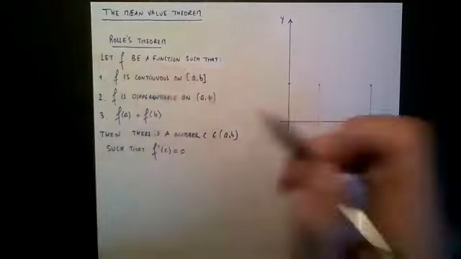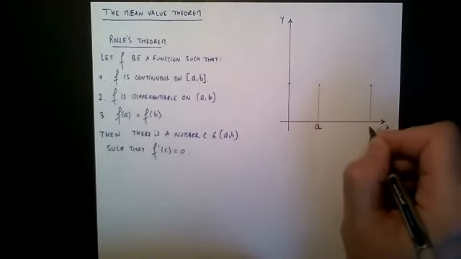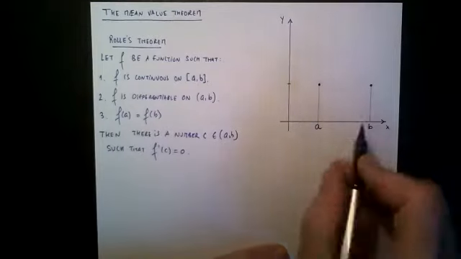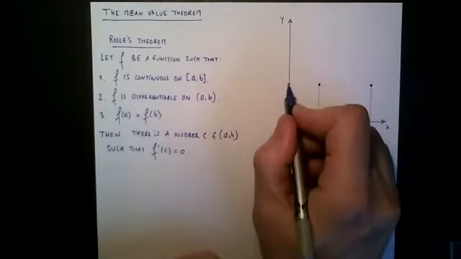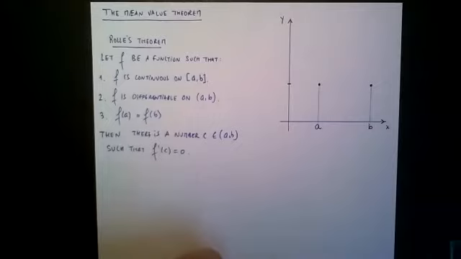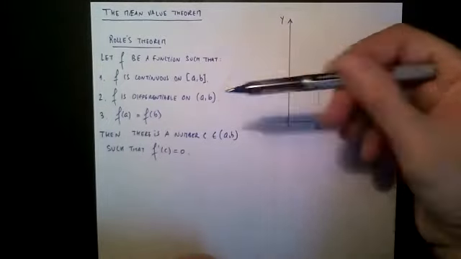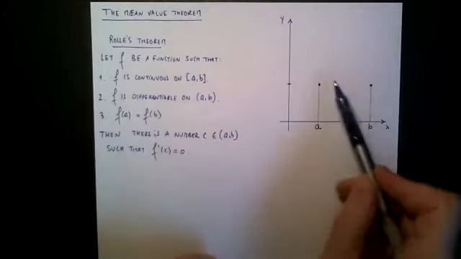Okay, so we have here an interval a, b, and I have a function. So f of a and f of b are the same. And the function is continuous, differentiable, and f of a equals f of b.